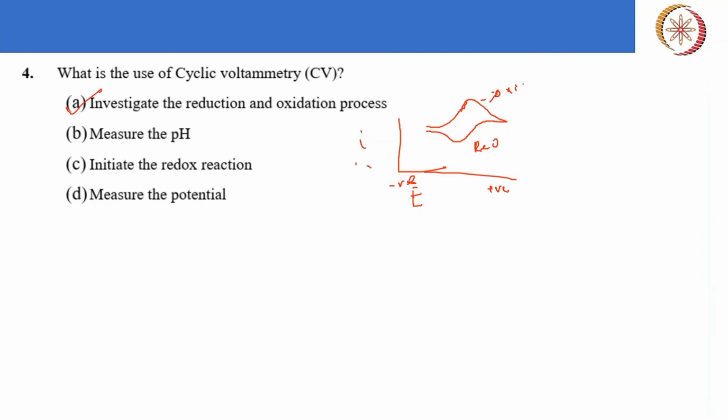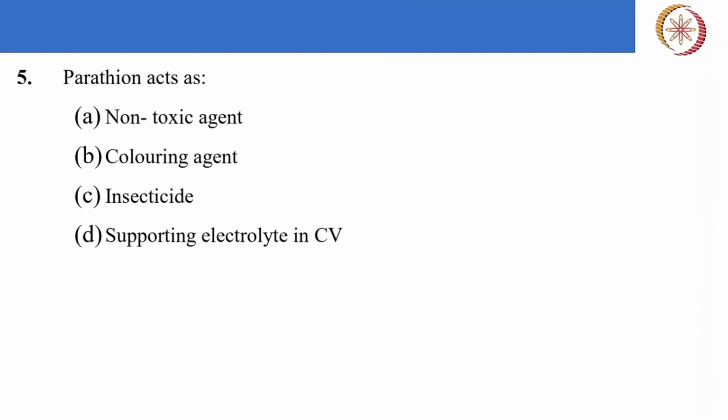I think Sunil also wrote A. Thank you, Sunil. So the fifth question is: parathion acts as a non-toxic agent, coloring agent, insecticide, or supporting electrolyte in CV.